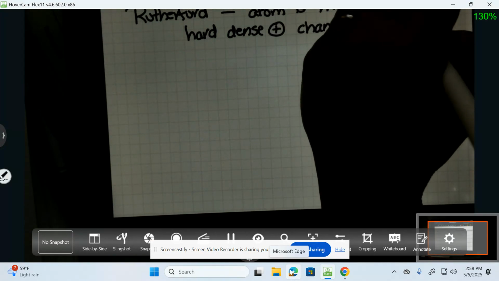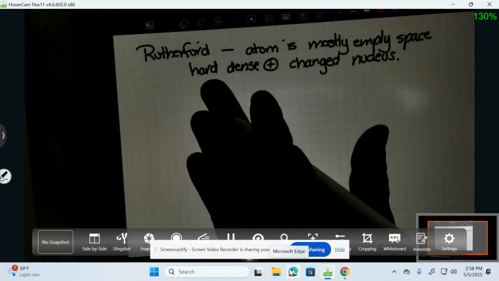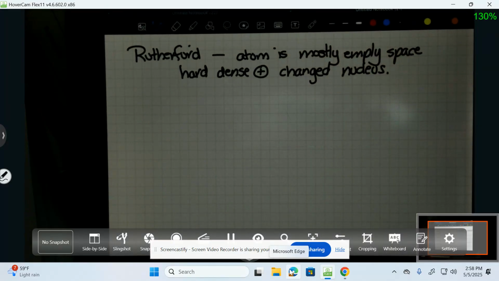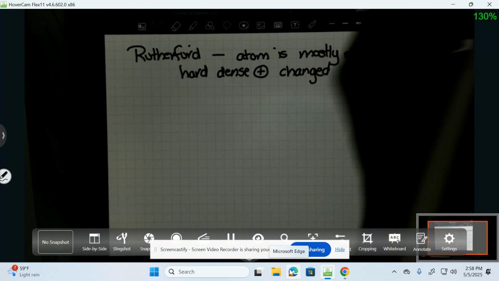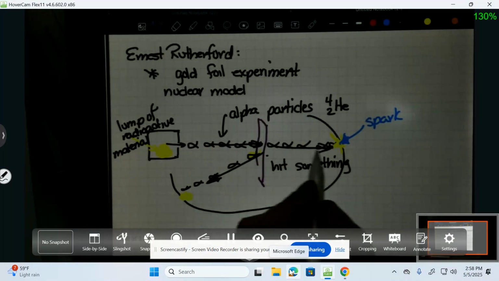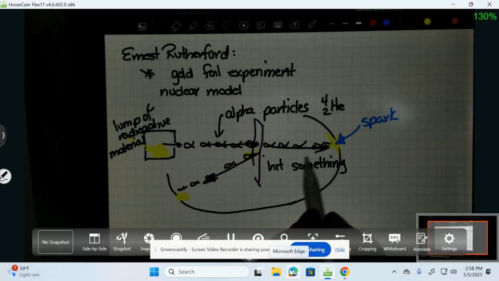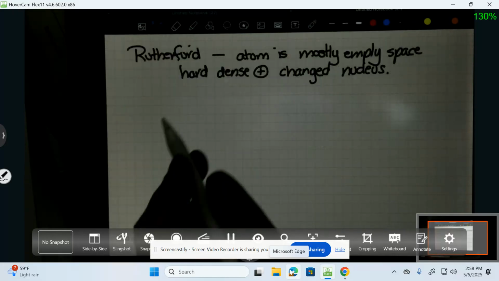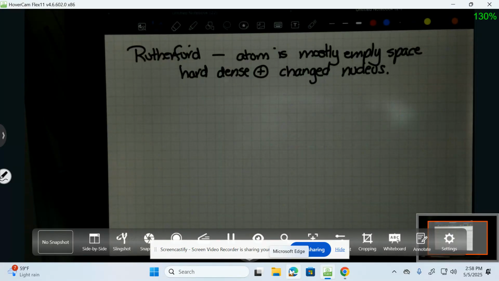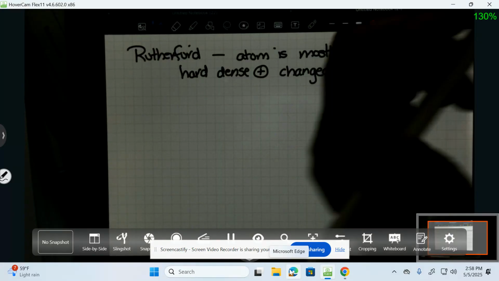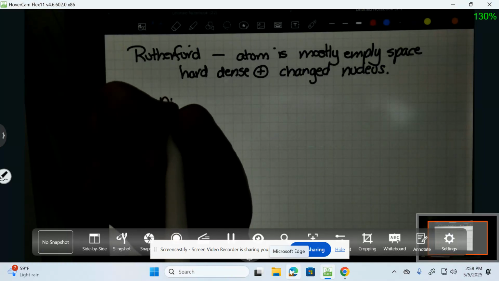This is on every Regents, every single one. So when it went straight through, that proved that it was mostly empty space. When it bounced back, it proved that it had a hard, dense, positively charged nucleus. And his model was called the nuclear model.